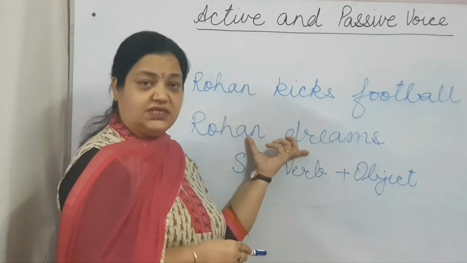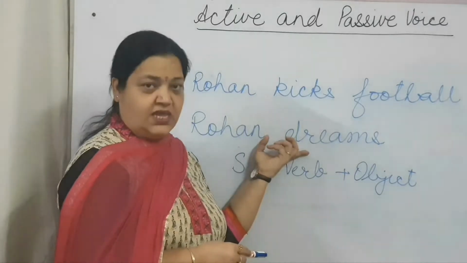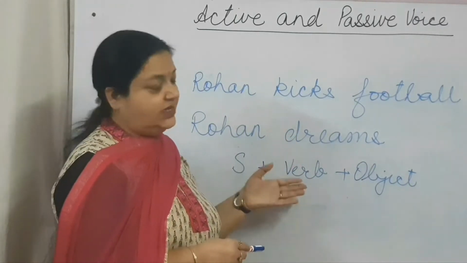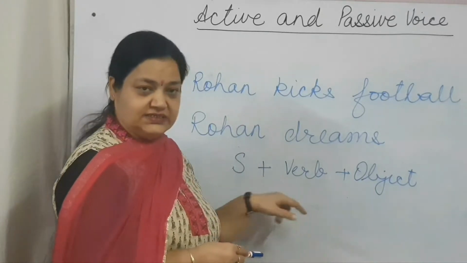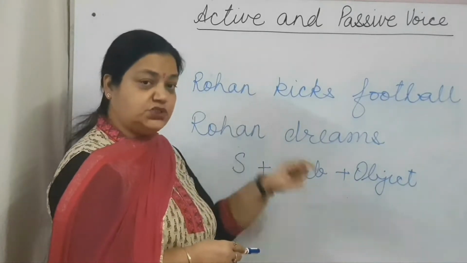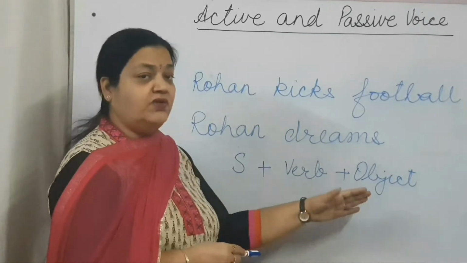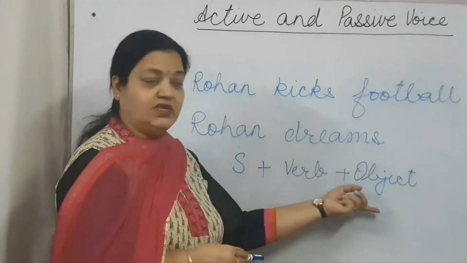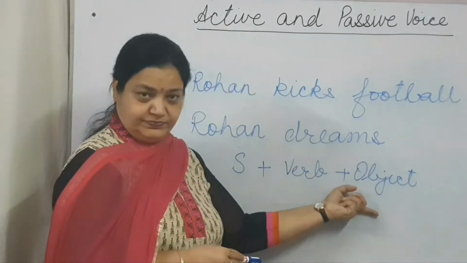This verb here is in intransitive form. And generally the passive voice is done on these. The active voice is changed to passive voice only when we have a verb in this form, the sentence in this form.